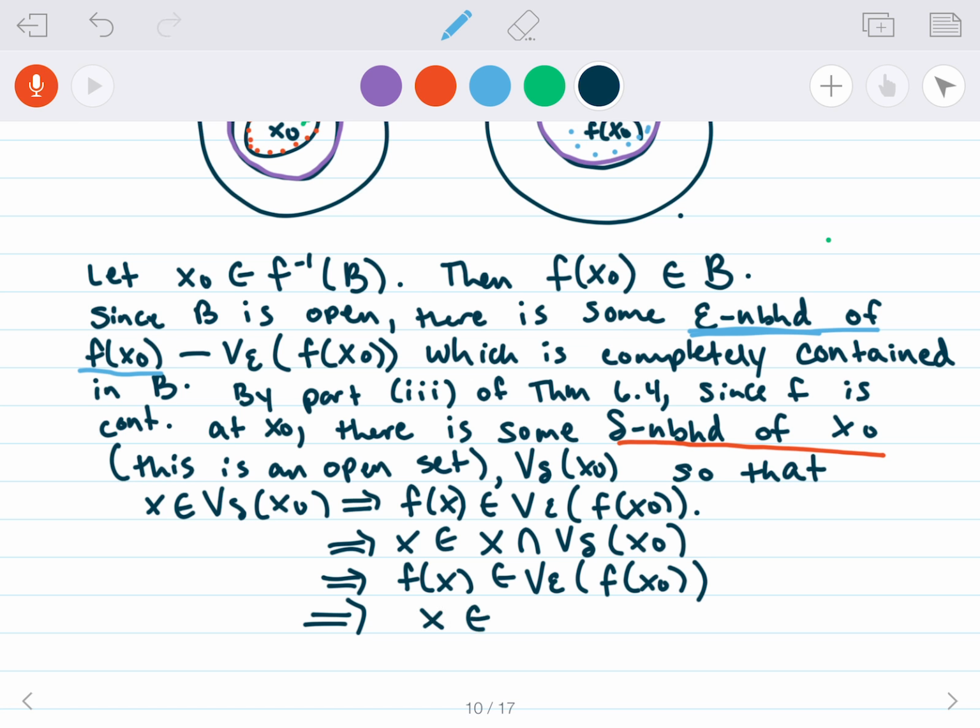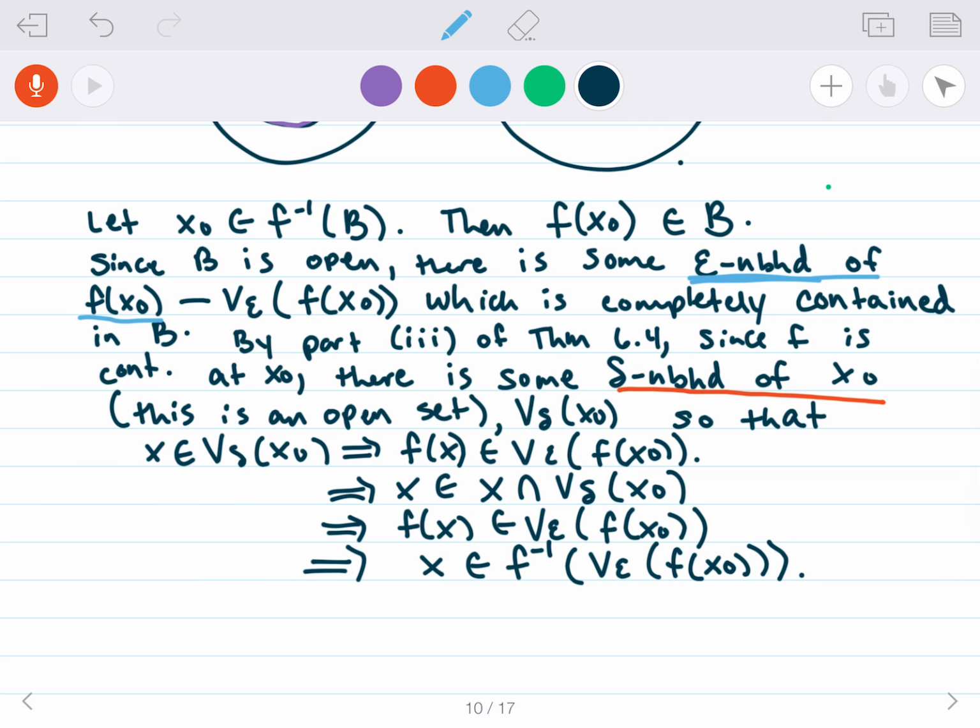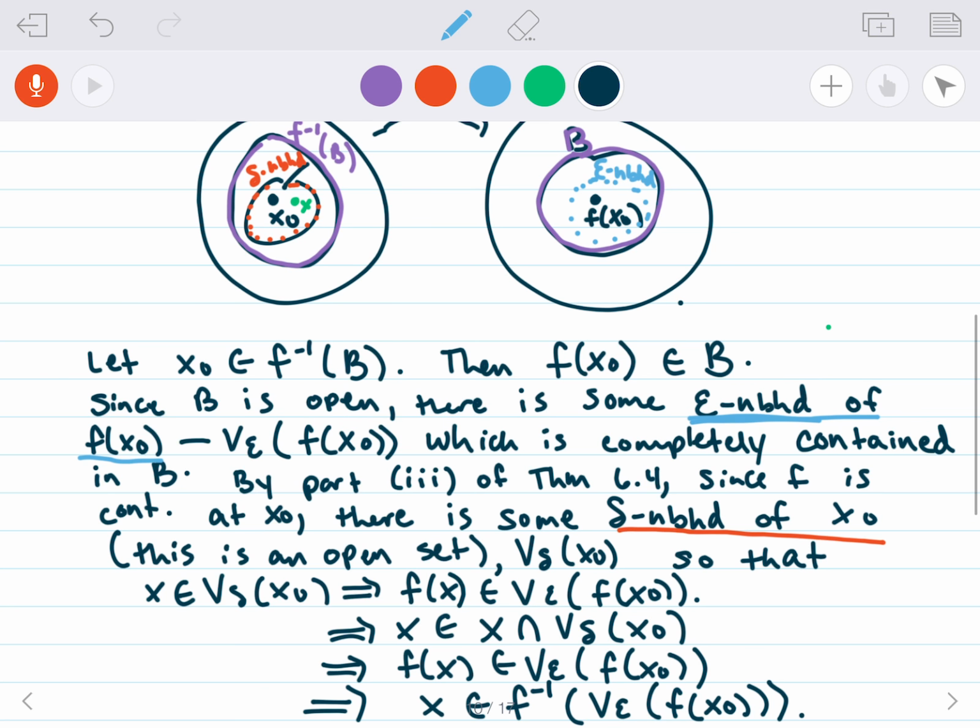So x is going to be in the pre-image, when I pull it back, of this epsilon neighborhood centered at f of x naught. Okay, and since this epsilon neighborhood is completely contained in B, we have that x is in the pre-image of the epsilon neighborhood.